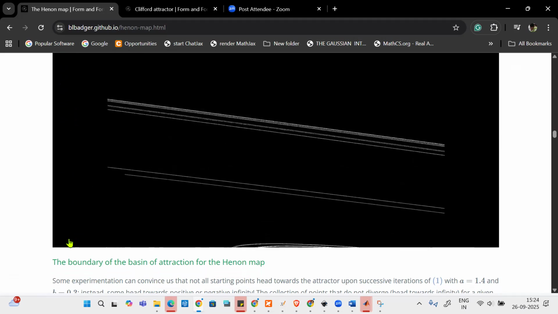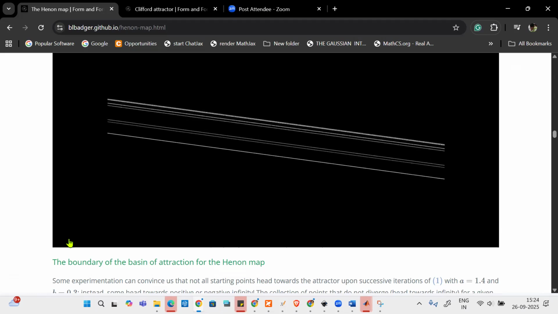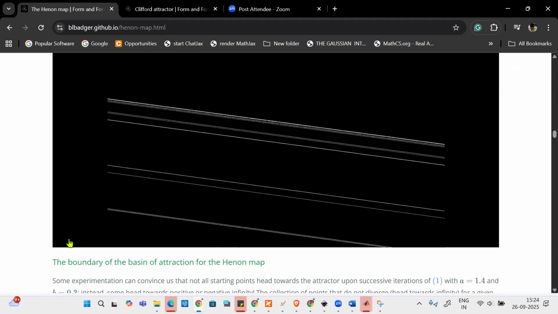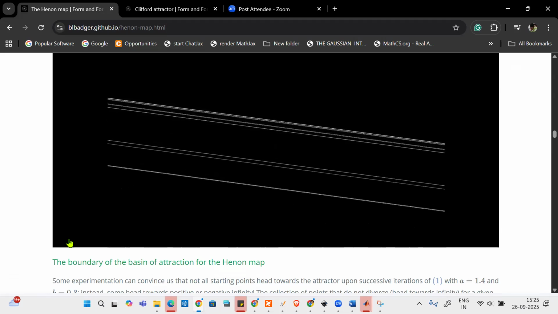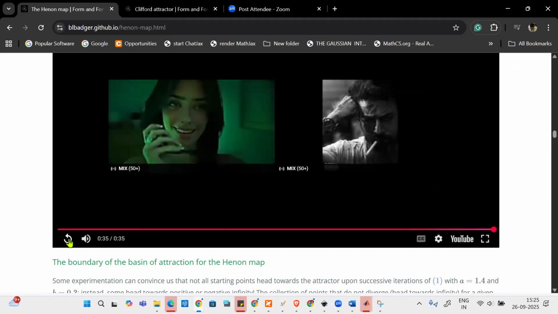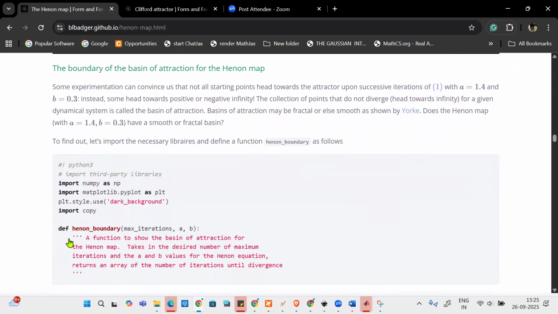You will see similar sets of lines and curves and dots repeating. These are finely stretched out. It is still zooming, and you are seeing similar kinds of things, right? Therefore this is a fractal.